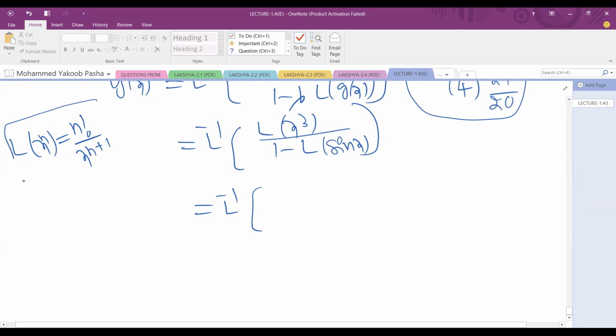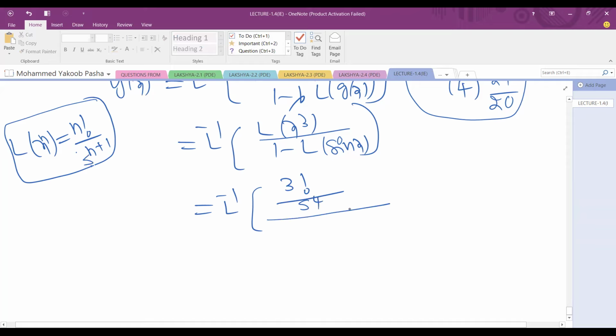So here it is 3 factorial by s to the power of 4.